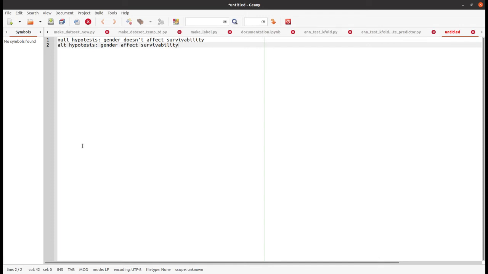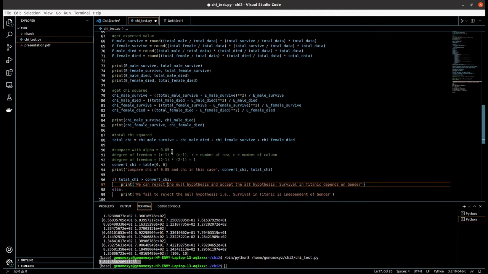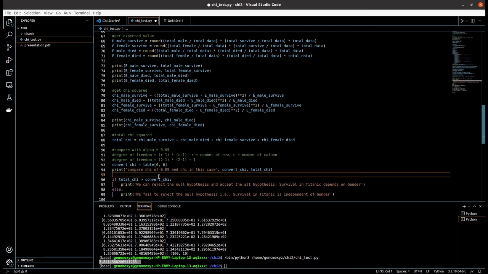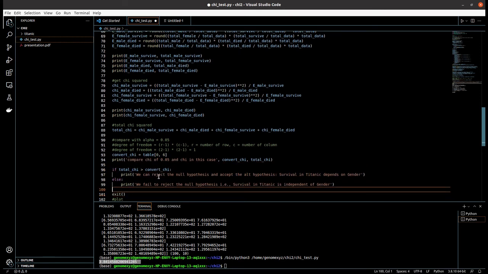I hope I wrote it right. And then we can accept the alternative hypothesis, gender affects survivability. But if the total chi doesn't surpass this threshold, then we fail to reject the null hypothesis. And then we can say the survival in Titanic is independent of the gender.